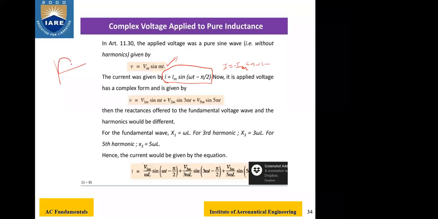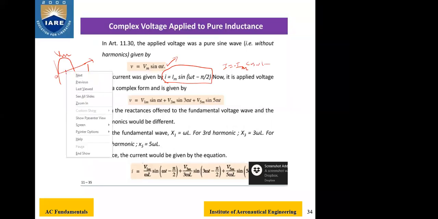If we represent it here, the voltage waveform is starting at 0. This is Vm. Now the current waveform, for a pure inductor, will start after 90 degrees of angle. It is lagged. Minus pi by 2 means it is lagging with respect to Vm here, and the magnitude will be less.